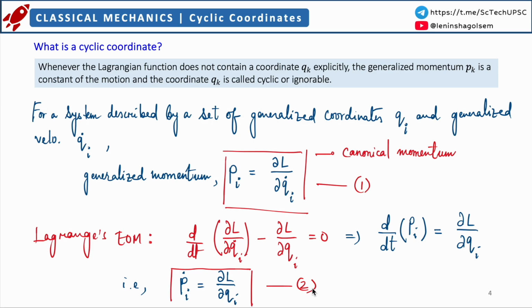Now let us move on and say that a particular Lagrangian L is expressed in terms of qi, qi dot and t.